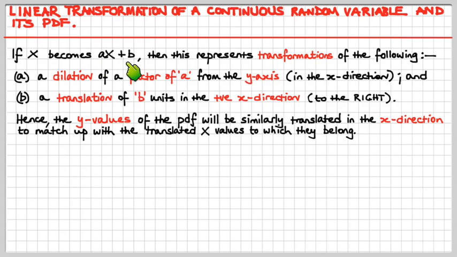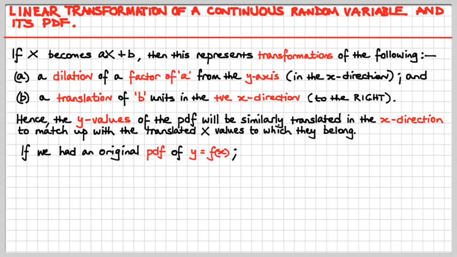So in other words, these x values had y values belonging to them. Now these x values are morphing over to the ax plus b position. The y values must go with them and match up with them again. Therefore, the PDF itself gets transformed.